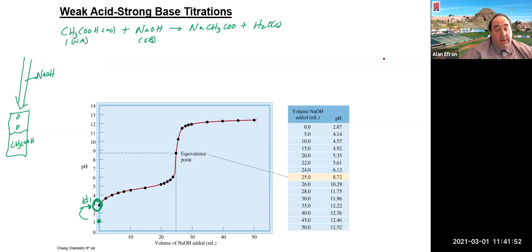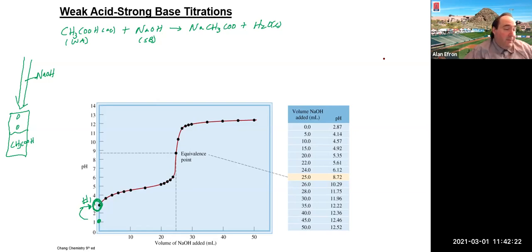What the equivalence point actually represents is the point in an acid-base titration where we have equal moles of the acid and base. So if we're adding base, we've added enough base to completely use up all the acid we started with. In the case of a strong acid, strong base titration, that means we will be left with water and a salt. Now, the importance of that salt is that it comes from a strong acid and a strong base.